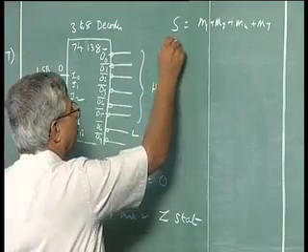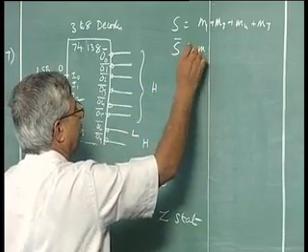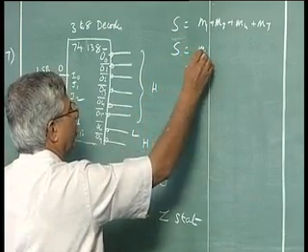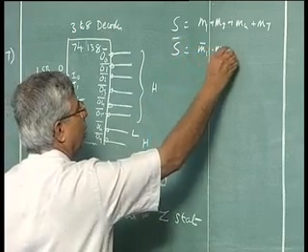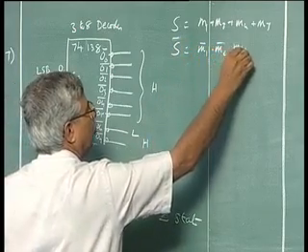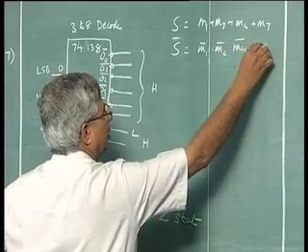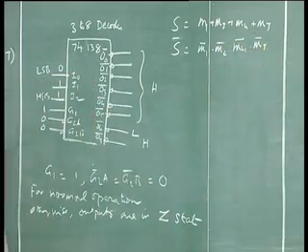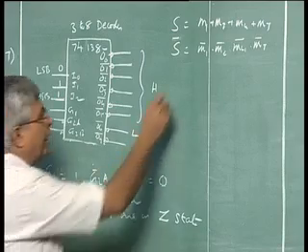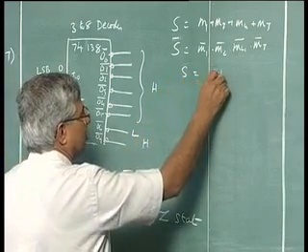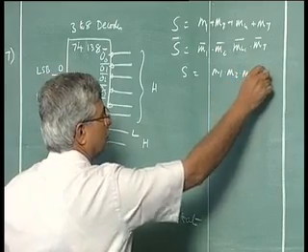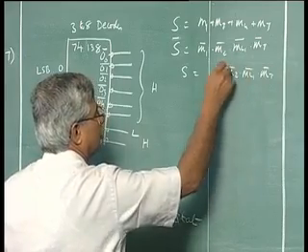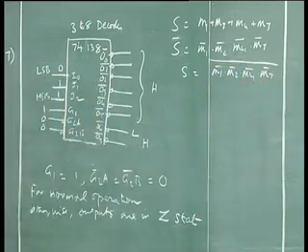So S bar would be M1 bar, M2 bar, M4 bar, M7 bar, but you want the inverse of that, you want sum. So, sum is a NAND. Isn't that so?